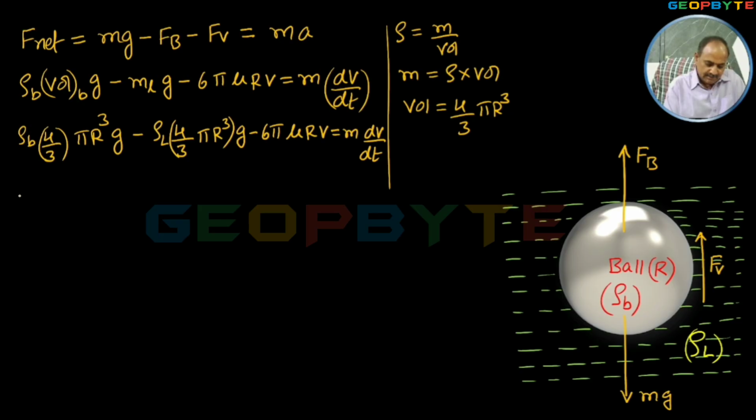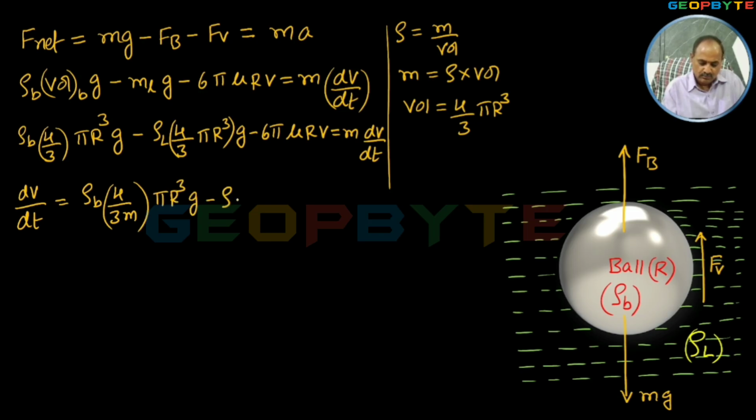So it can also be written as dv by dt equals density of the ball into 4 by 3m pi r cube g, minus rho L, density of the liquid, 4 by 3m pi r cube g, minus 6 pi mu r by mass into v.